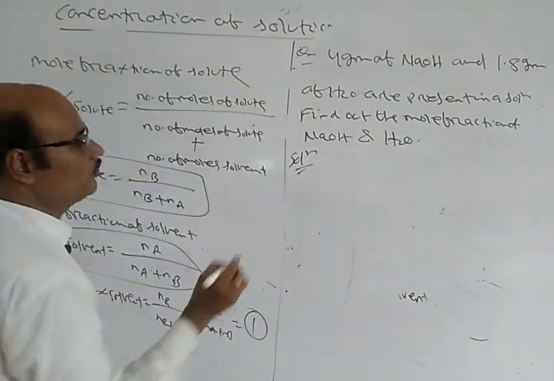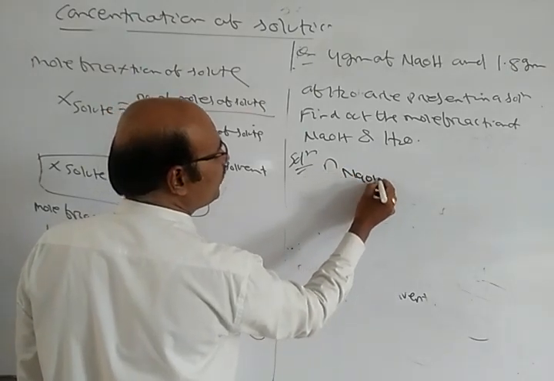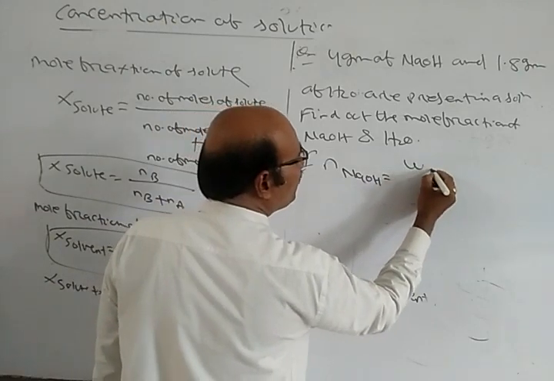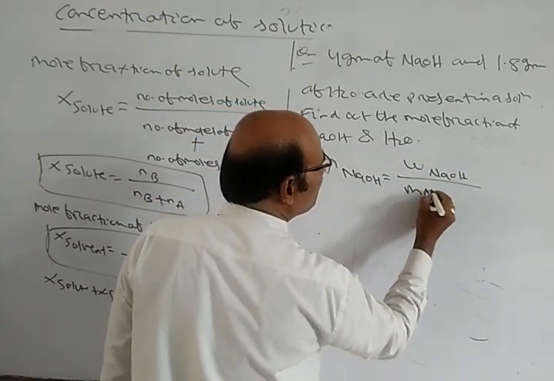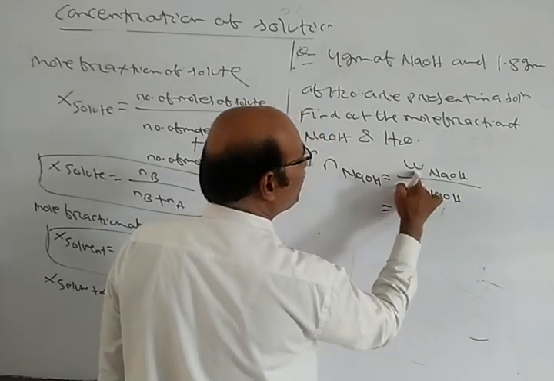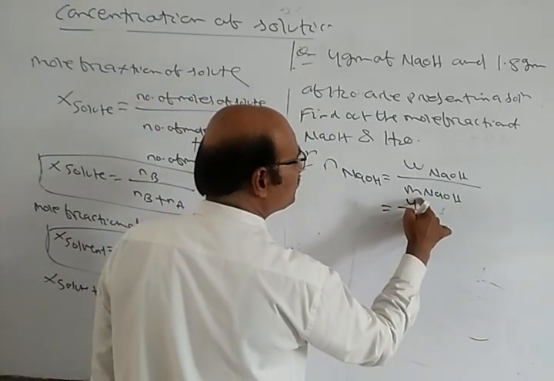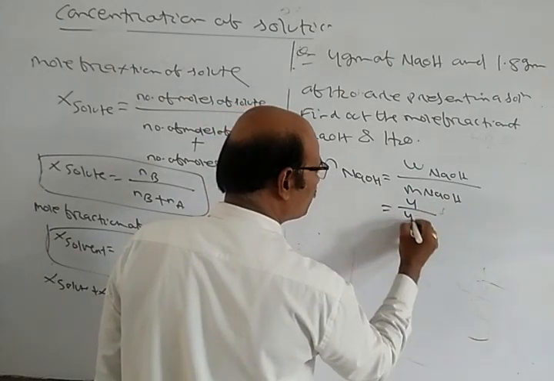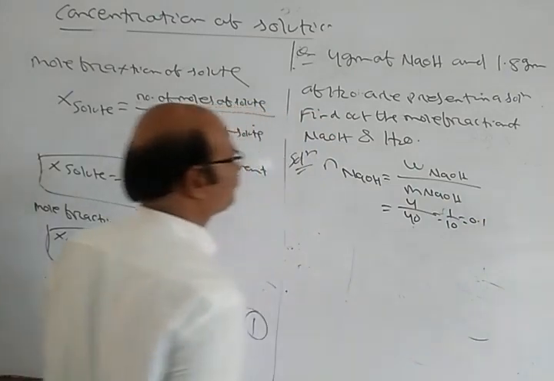See, first of all, number of moles of NaOH is equal to weight of NaOH divided by molecular mass of NaOH. Weight of NaOH is 4 gram divided by molecular mass of NaOH, 23 plus 16 plus 1, that is 40. 1 by 10 equal to 0.1.